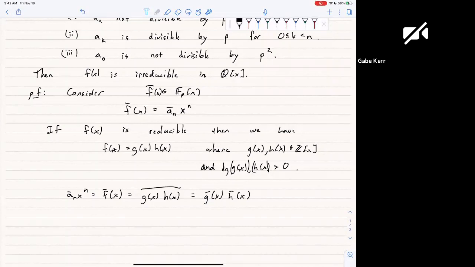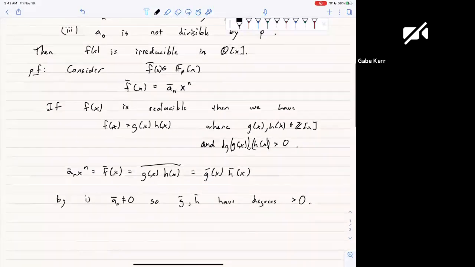So since a_n is not equal to 0, G bar and H bar have degrees adding up to n, each greater than 0. Now, what is the problem?